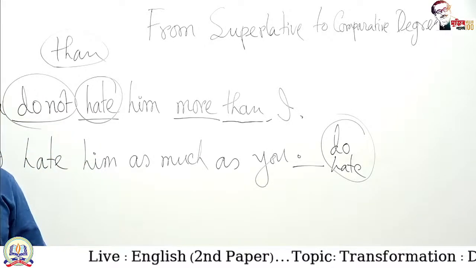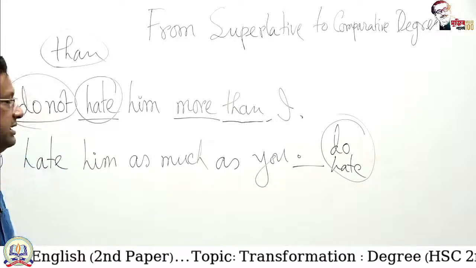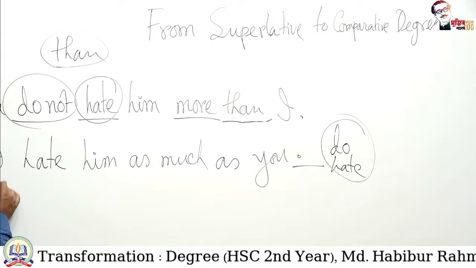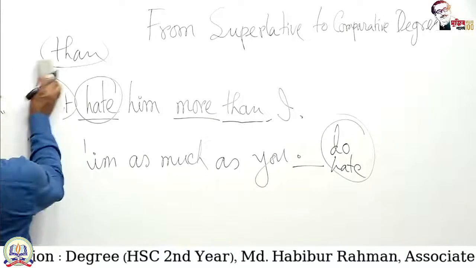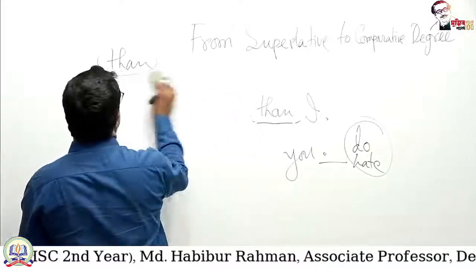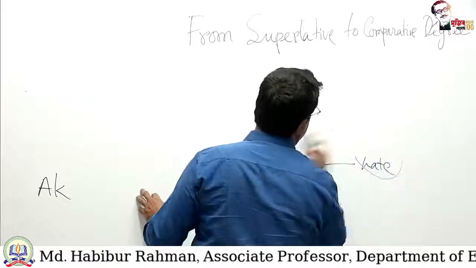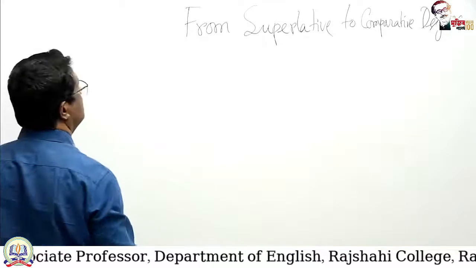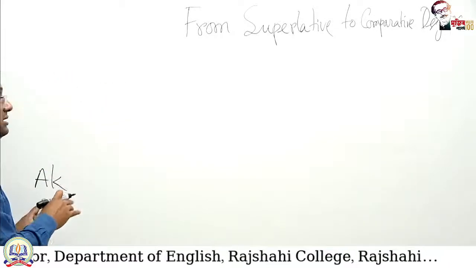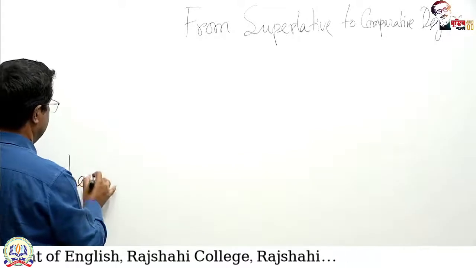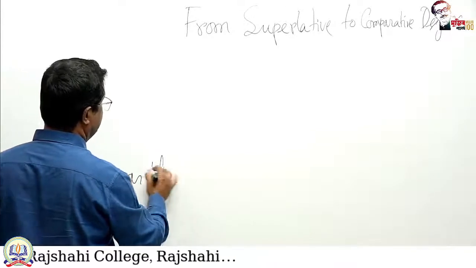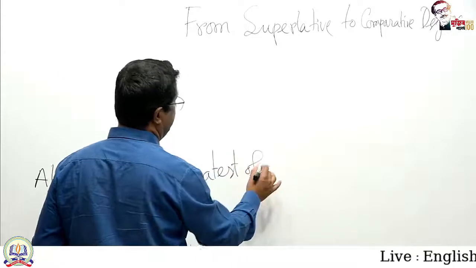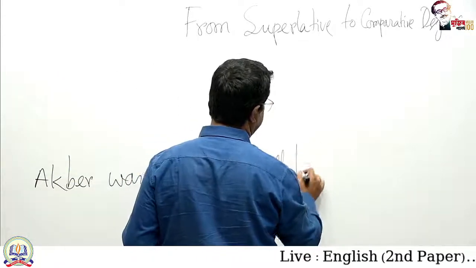And I am giving you some examples. Akbar was the greatest of all kings of India. Akbar was the greatest of all kings.